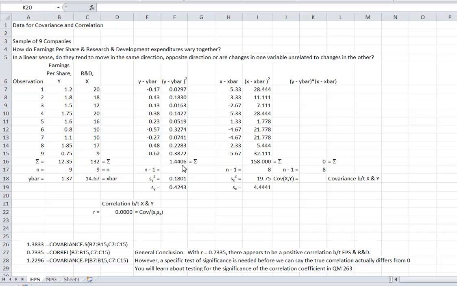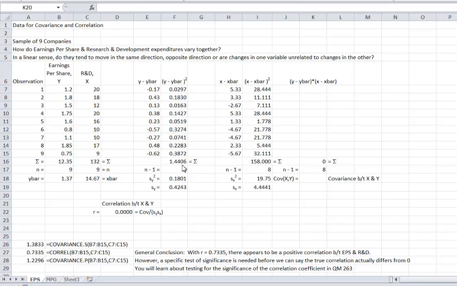Do they tend to vary in a way that we can say as one increases the other tends to increase, or as one increases the other tends to decrease, or there just doesn't seem to be any linear relationship? That's what correlation does, and basically covariance as well, but covariance needs to be standardized or normalized, and we use the standard deviations to do that, which then leads us to correlation.